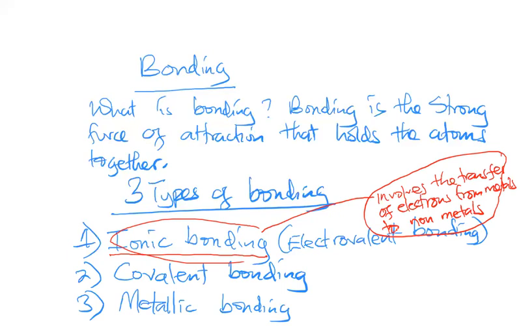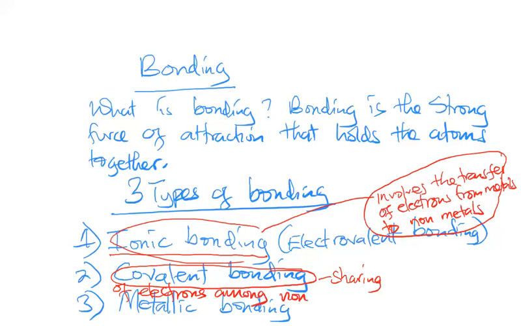Then covalent bonding involves sharing of electrons among non-metals only. And metallic bonding is among metals only.